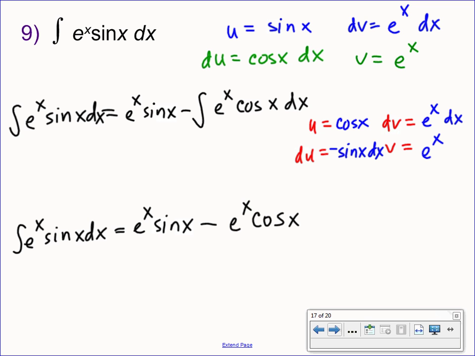Minus the integral, so minus the integral is plus a positive, the integral of v du, and that is e to the x negative sine of x.